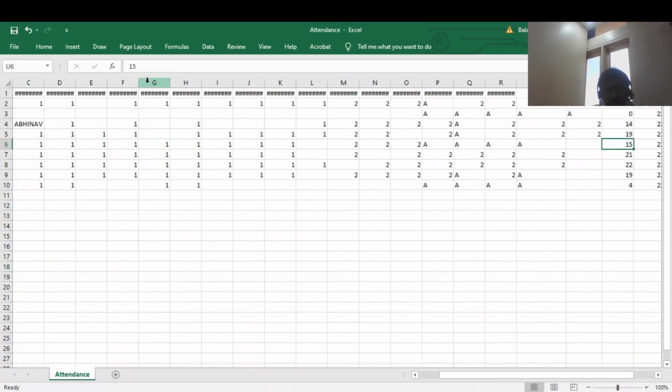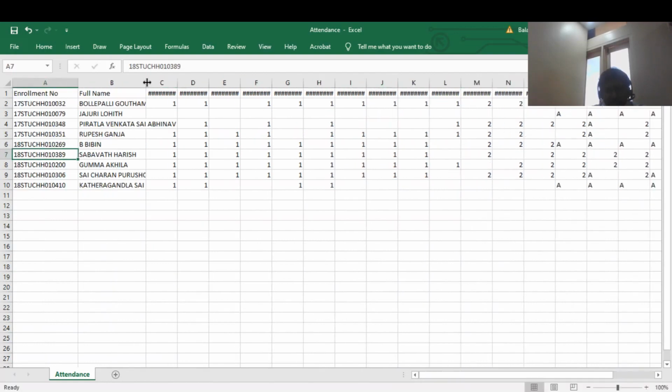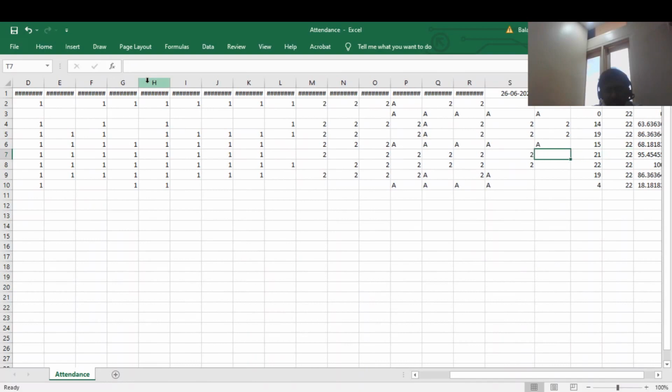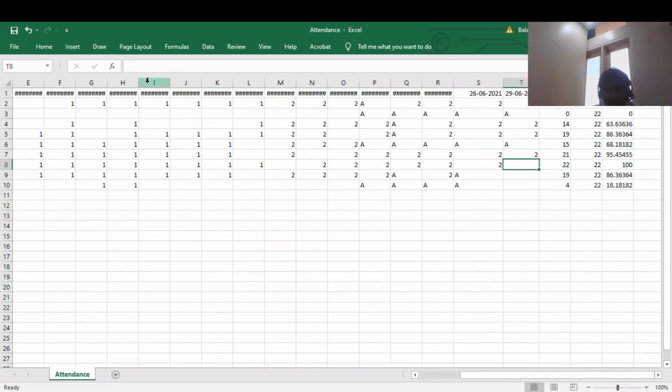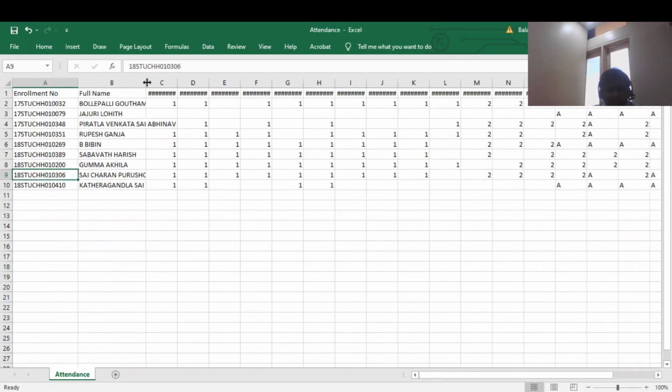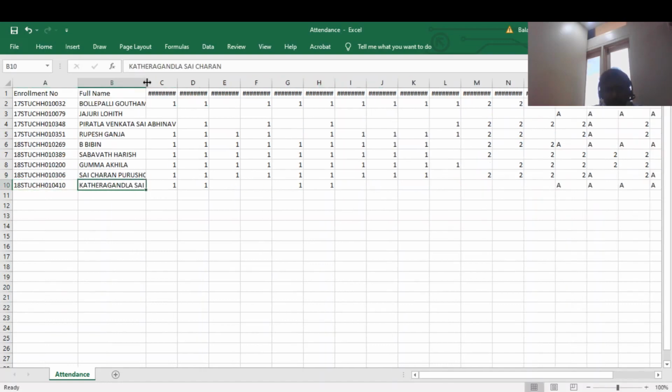Nobody is in touch with Bibin. Try to inform him. I think he is logging in but not coming. 389, Harish. 200. 306. 410.